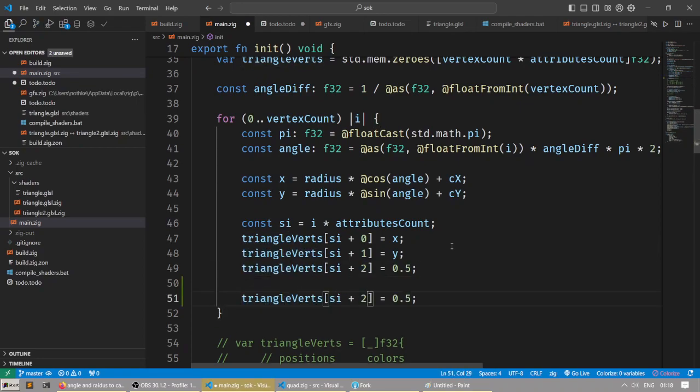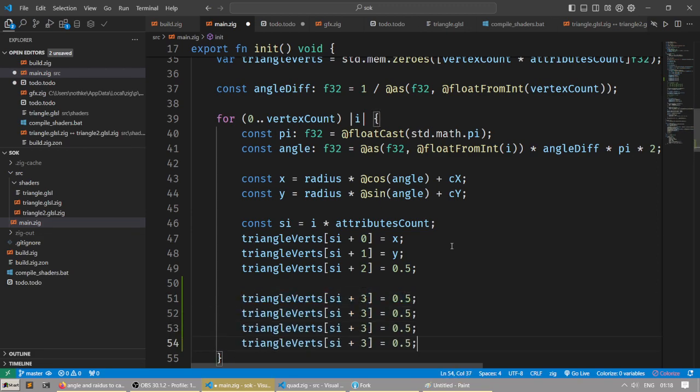So, if I put something else. Oh, yes. 3, 4, 5, 6. We also have the alpha. I completely forgot about the alpha, but the alpha looks like it doesn't matter, right?